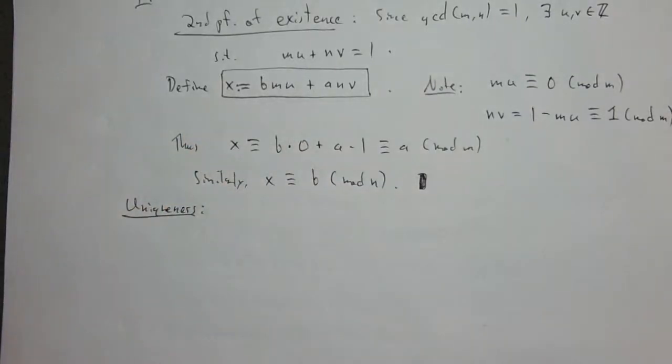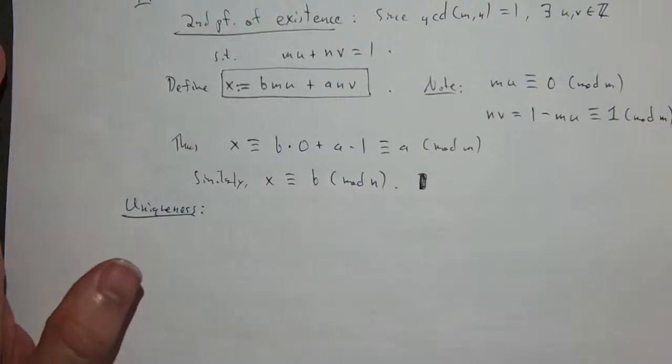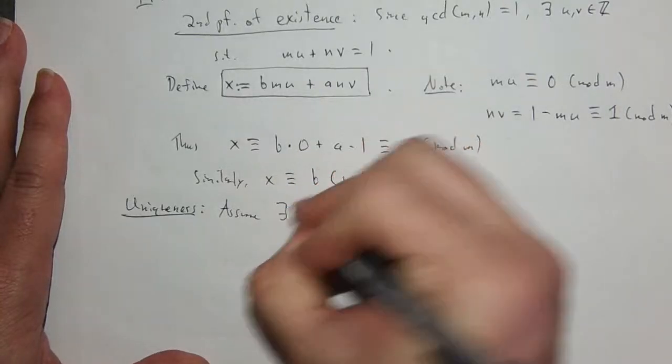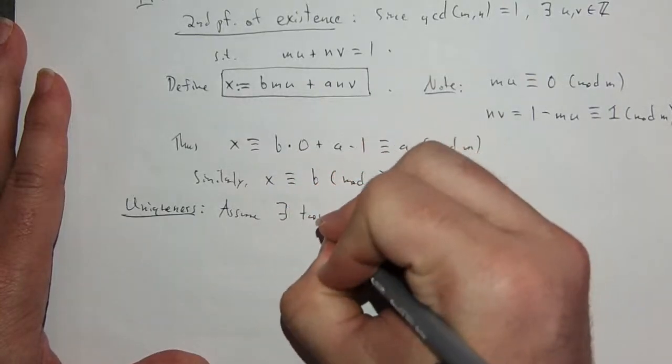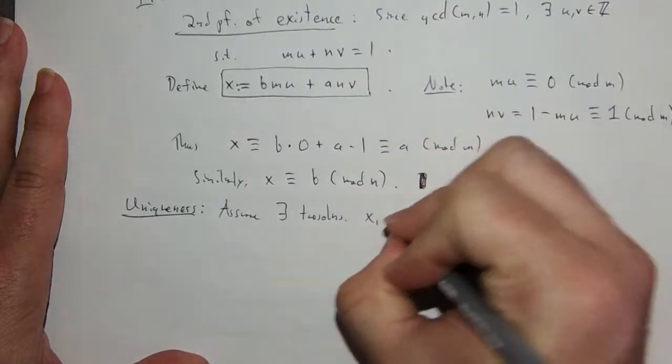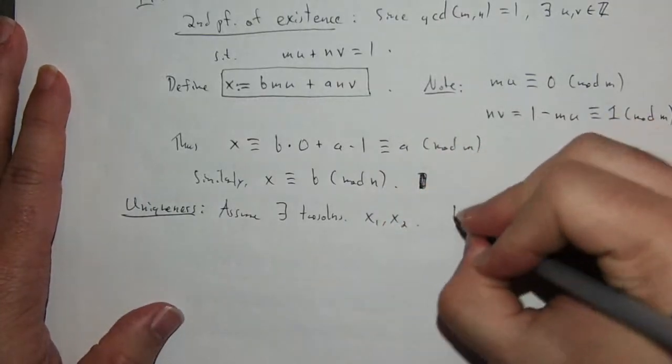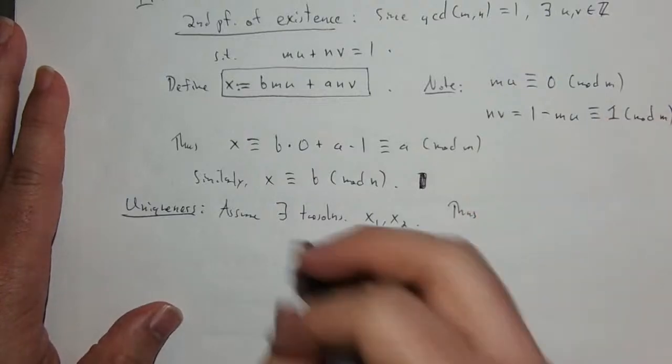Okay, so to show uniqueness, I want to show that if I have two solutions, then they have to be congruent mod m times n. So assume there exist two solutions, x sub 1 and x sub 2. What does it mean if I have two solutions?